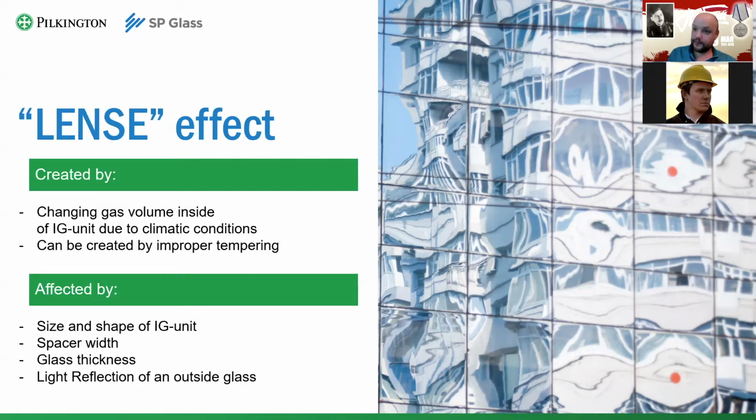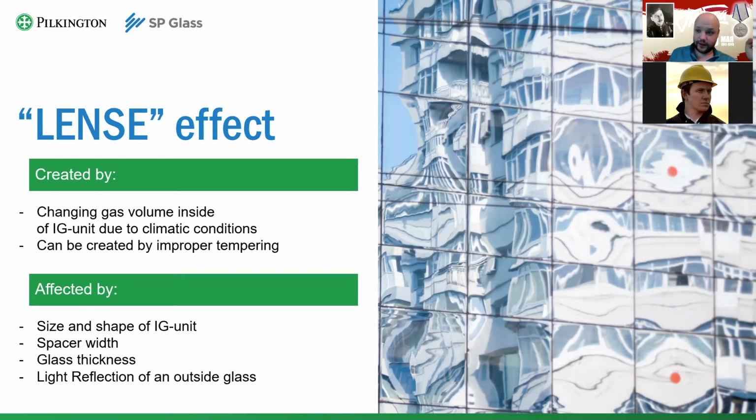Yes, this is quite possible, but it is usually used if you manufacture your IG units at sea level and then transport them up into the mountains, where the atmospheric pressure is completely different. The atmospheric pressure is lower, meaning your IG unit will already have a lens effect by default. There you can use this valve.